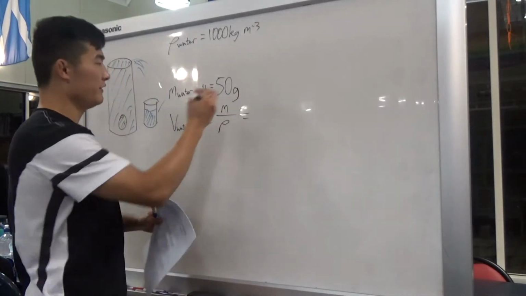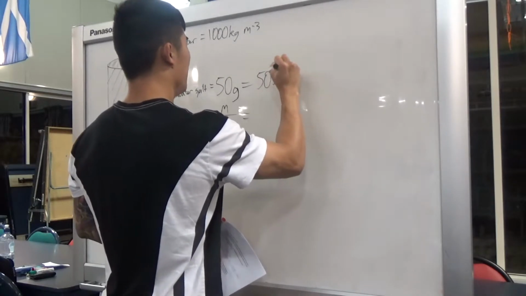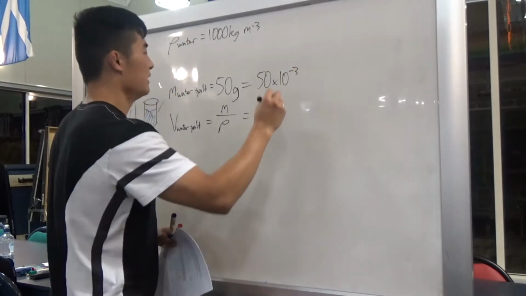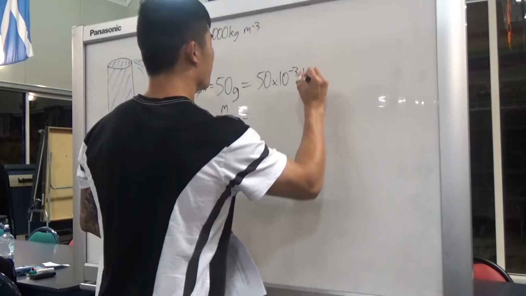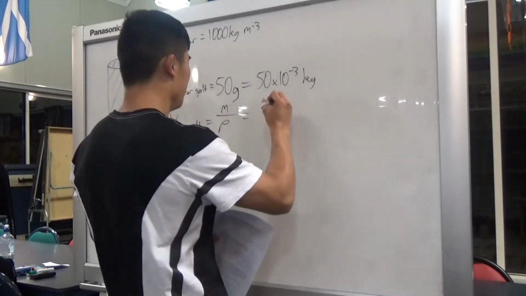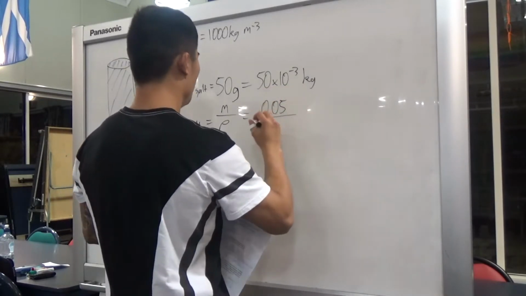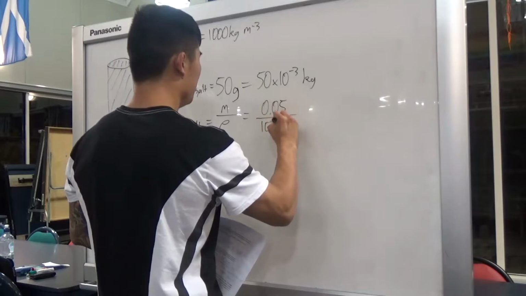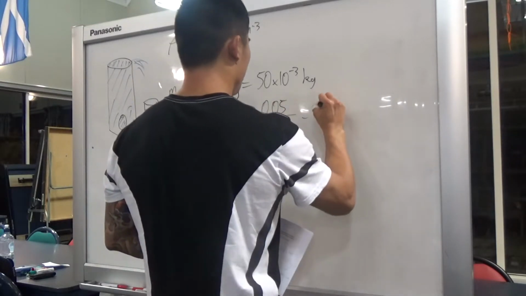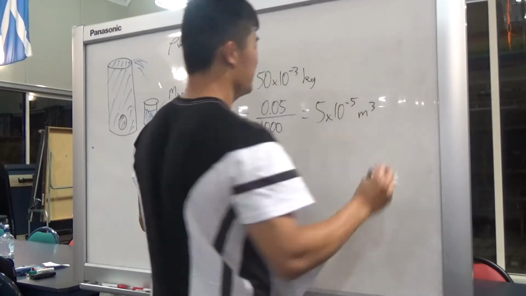So for this one, this will be 50 times 10 to the negative 3 kilograms, okay? Or you could just say 0.05 kilograms over our density, which is 1,000. So that's just going to be 5 times 10 to the negative 5 meters cubed.